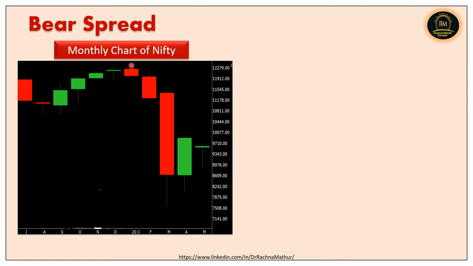COVID news came in India in January 2020. In February, restrictions were started, and in March, the Prime Minister announced the lockdown on 24th March for 21 days, and that created a panic and witnessed a huge fall of the market.